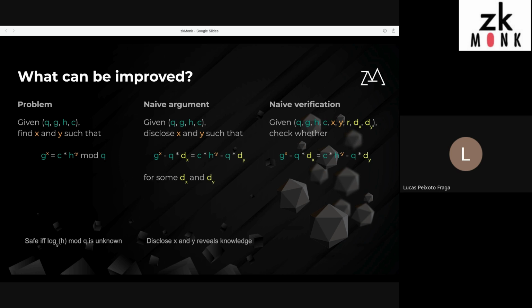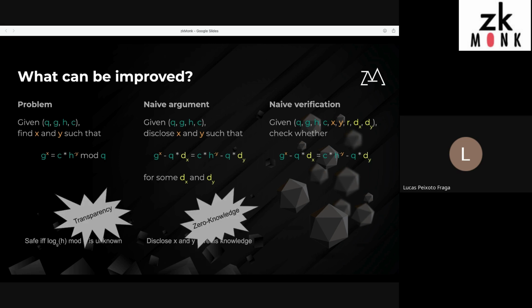So we're not caring about privacy here, but this might eventually be a problem. Both the problem on the left and on the middle are things that we want to deal with, ideally. The problem on the left represents a lack of transparency, and the middle, a lack of zero knowledge. And these two things are things that we want to ensure.